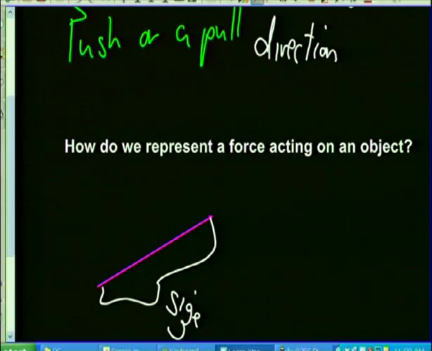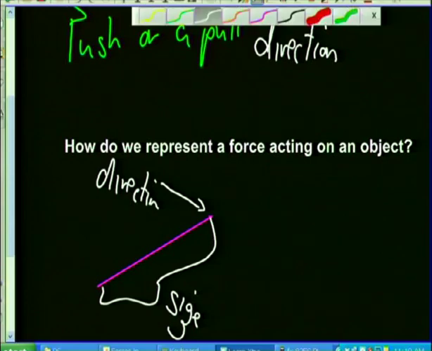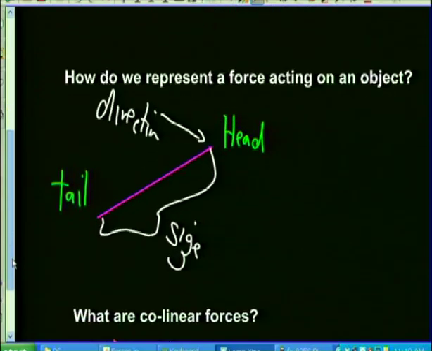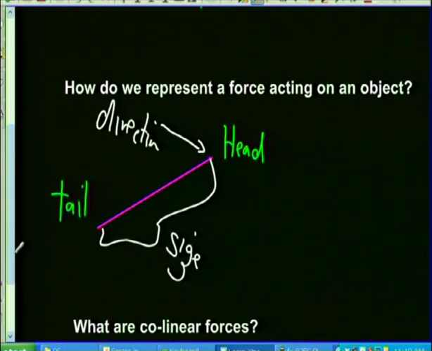Whereas the arrow direction, the direction it's pointing in, is telling you something about the direction. Also, just notice that we call the end of the force vector that has got the arrow the head, and the part that hasn't got the arrow, we call that the tail. So we use that sort of notation to represent a force.